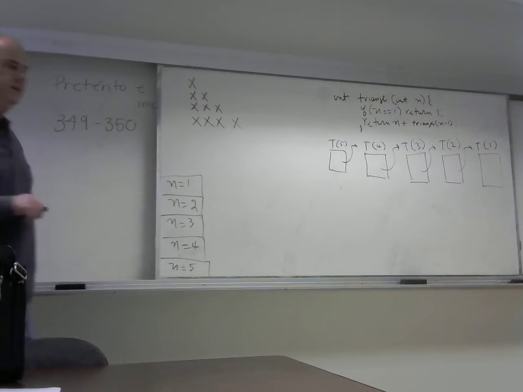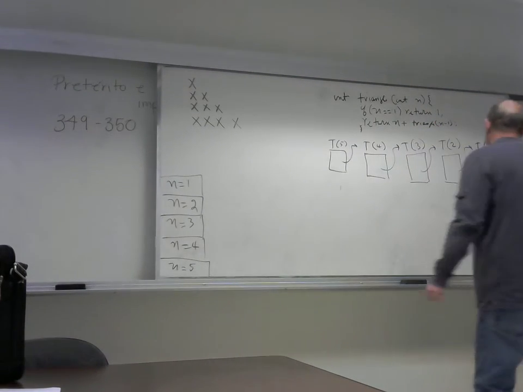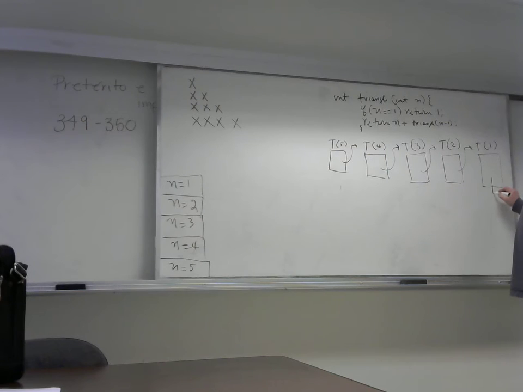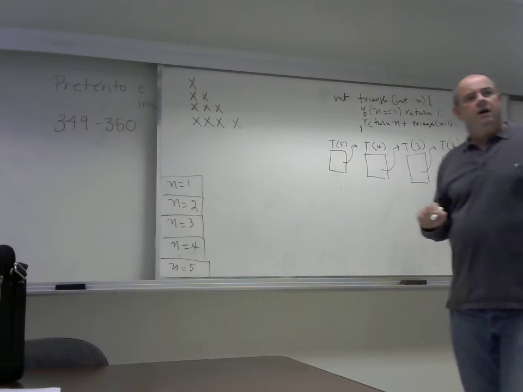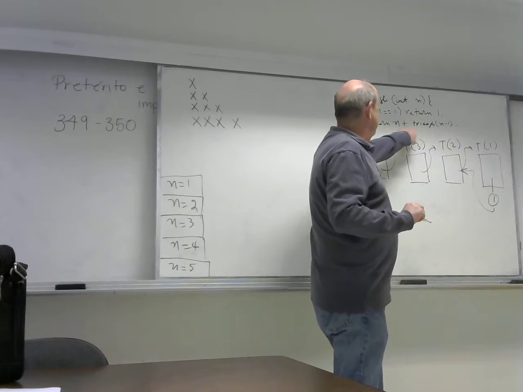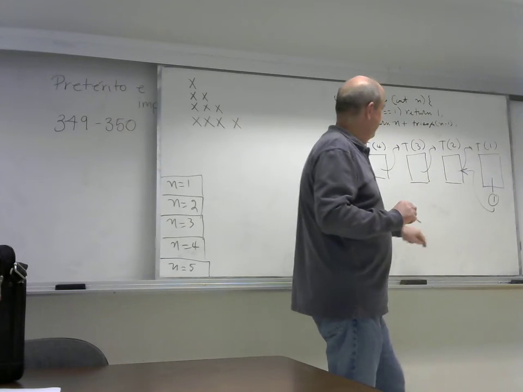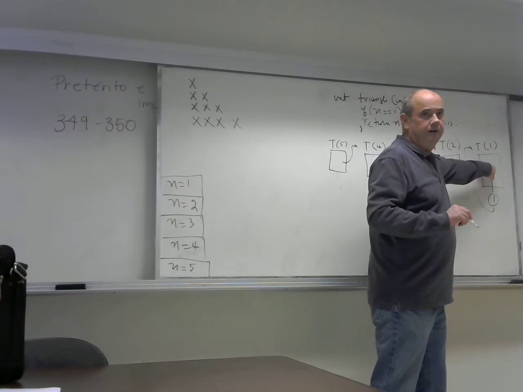All right, here we hit the stopping condition and we return 1. Then we come back here. Here we're returning n plus triangle of n minus 1. Well, that's 2 plus triangle of 1.